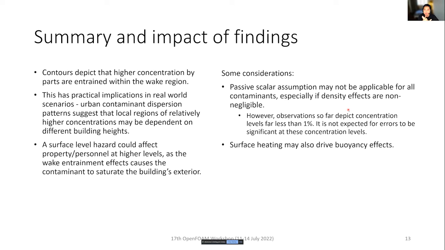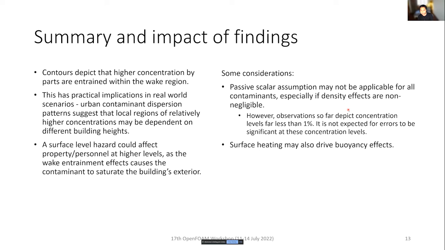So there are some considerations, of course, that involve our study. Currently, we are only looking at the passive scalar. Obviously, knowing the chemical, we would like to move on to something like an Euler-Euler multi-phase simulation. But current observations so far hint to us that the concentration levels are far less than 1%, and it is not expected for the errors to be significant, even if we consider the density differences.